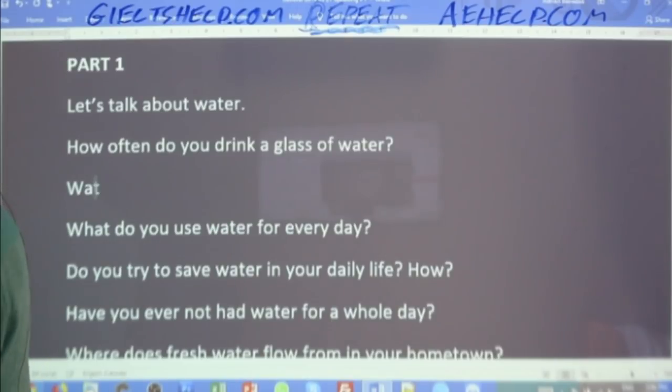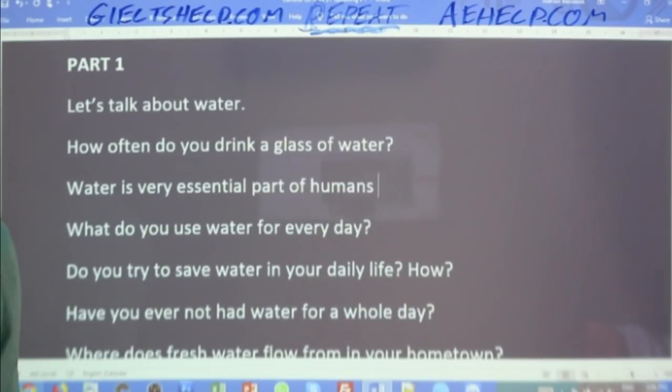So Mamta says water is a very essential part of humans' life. It has numerous benefits.